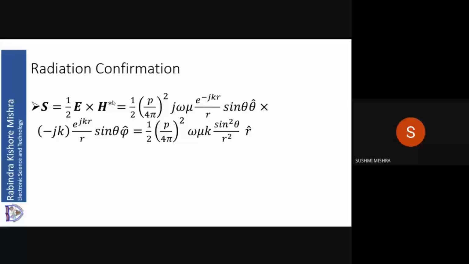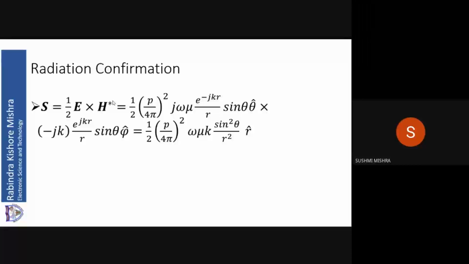So that is what has happened for the H. Now if I multiply them, what will I get? Theta cap cross phi cap gives me r cap. The rest will be 1 by 2 p by 4 pi whole square. And if I multiply them, e to the power minus jkr cancels out. Right?